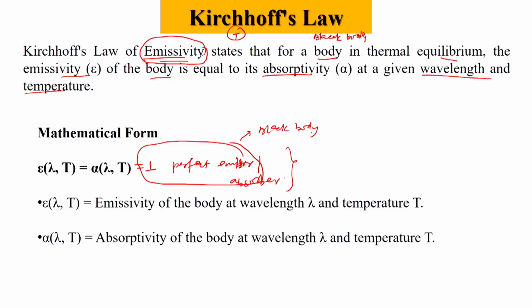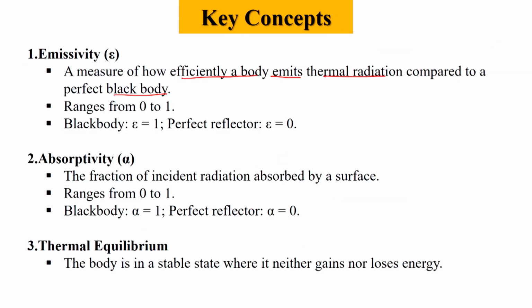So in the case of a black body, epsilon and alpha are considered to be 1. Emissivity is the efficiency of a body to emit thermal radiation compared to a black body. If the value is close to 1, the emissivity of the body is similar to a black body, and in that case you can treat the body as a black body.